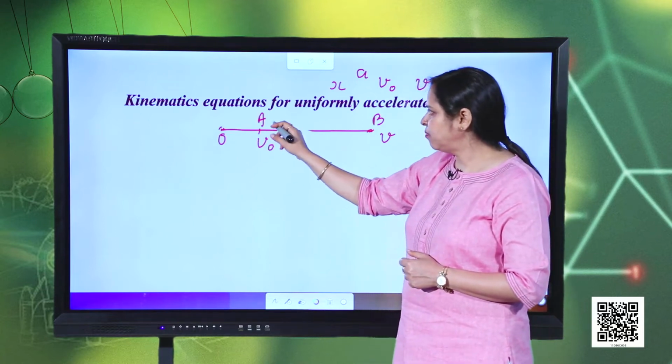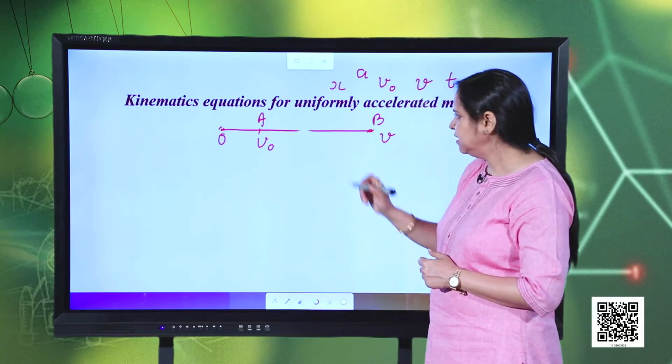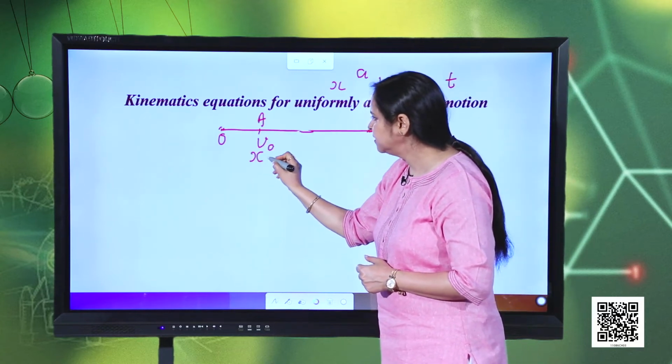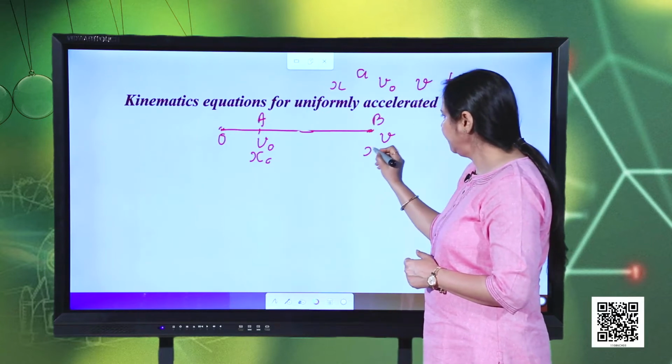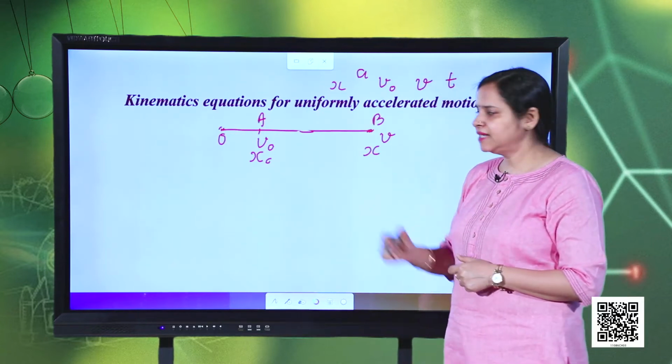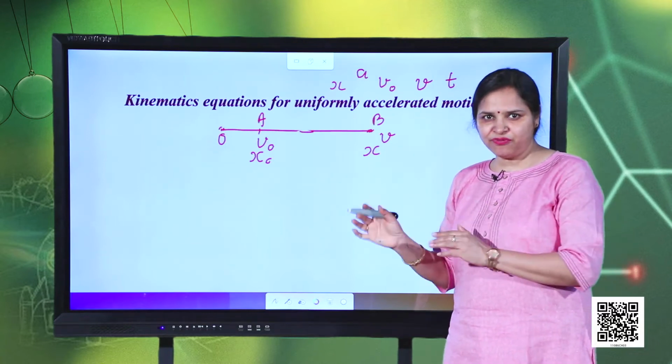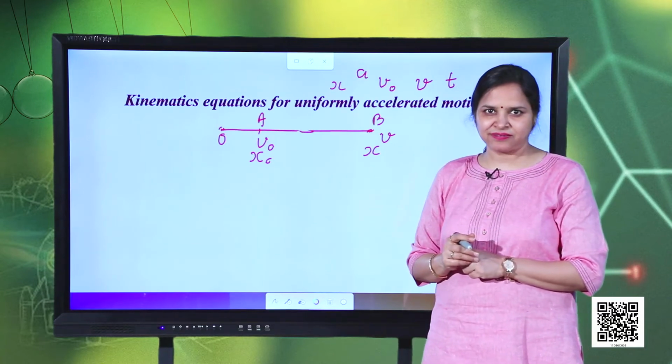The time taken from position A to position B is t, and the position is x naught at point A and x at point B. Using this information we are going to derive the equations.